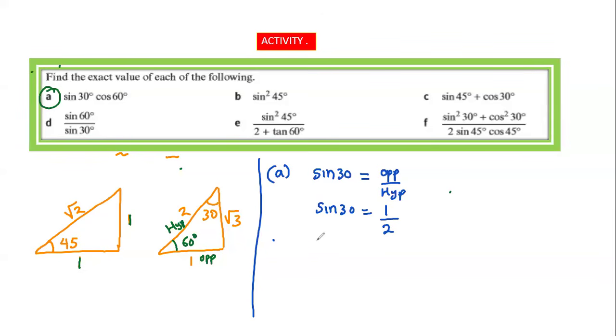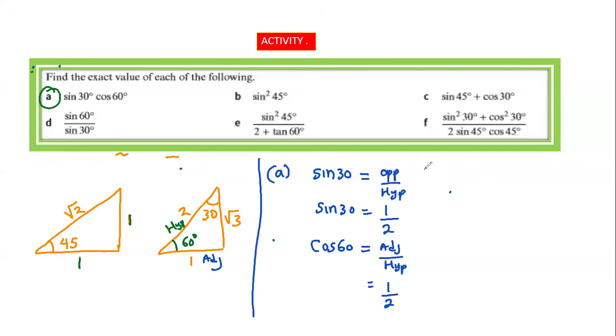Therefore sine 30 is a half. Then cos 60 is adjacent over hypotenuse. That means cos 60 is equal to the adjacent to 60, which is 1, and the hypotenuse is 2.